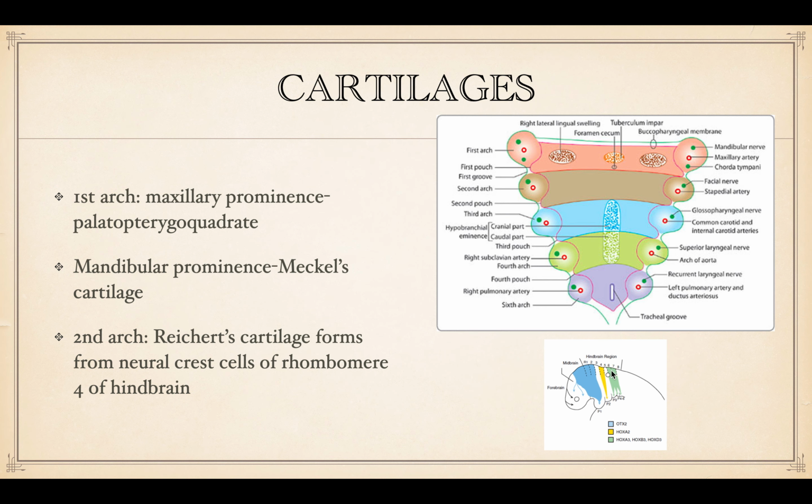So here's the hindbrain region, and see right here, rhombomere 4. It's going to be influenced by HOXA2, and the midbrain by OTX2. Remember, these grooves are going to separate everything, and then the foramen cecum is right here.